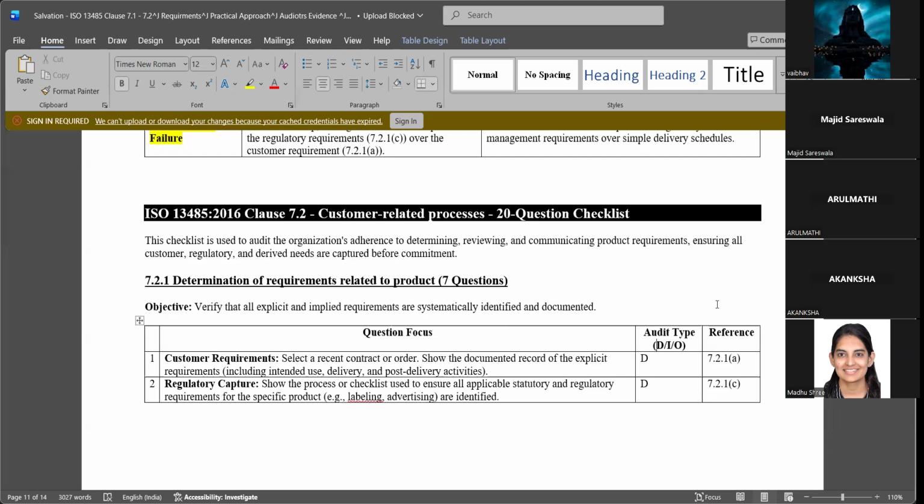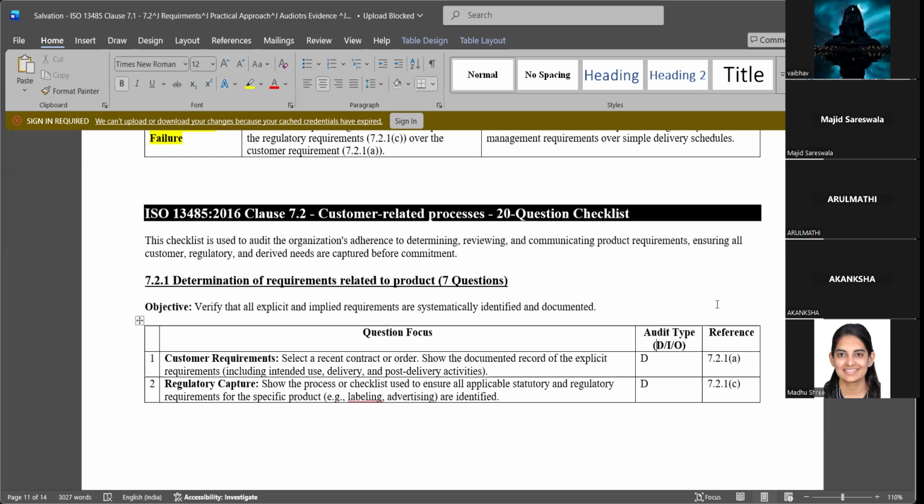Clause 8 is basically on measurement, analysis and improvement, more like PMS. Once the product moves out into the market, what you will monitor, like complaint handling, corrective and preventive actions, how you analyze the data, data analysis, and after doing that, how you will improve the product. It is very sequential.